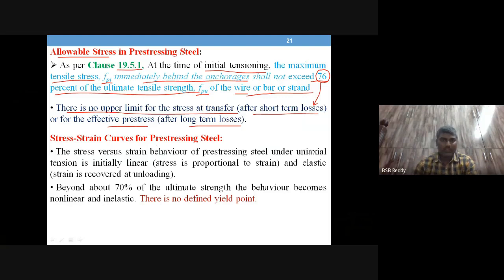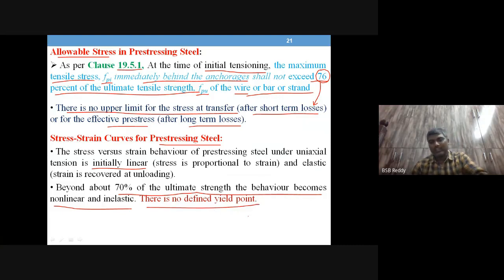So the stress strain curve for pre-stressing steel behavior is once again recalled: it is initially linear, and beyond 70% of the ultimate strength, behavior becomes non-linear and inelastic, and there is no yield point for pre-stressing steel.